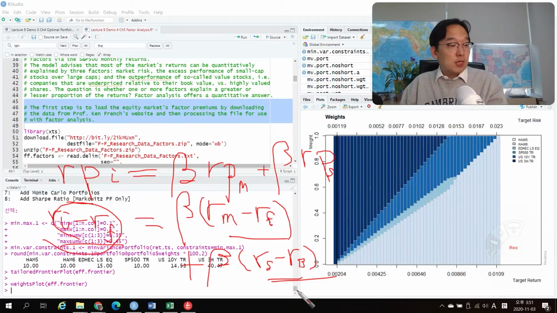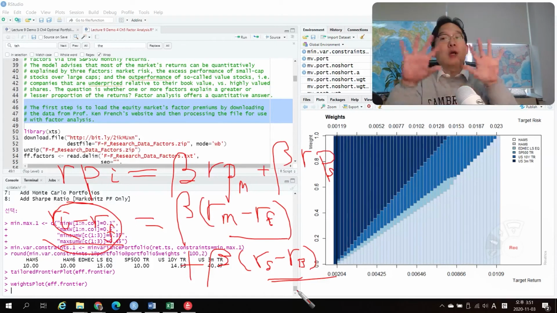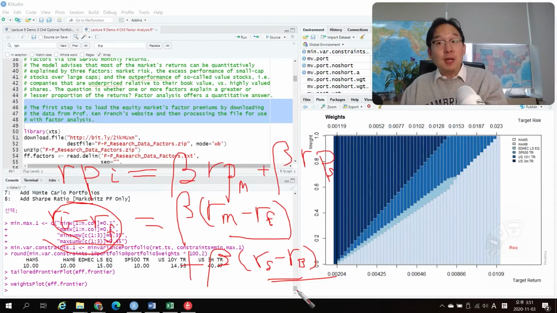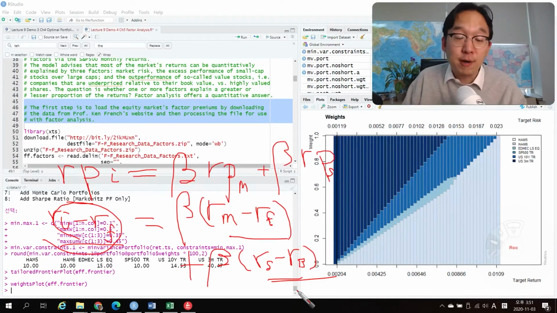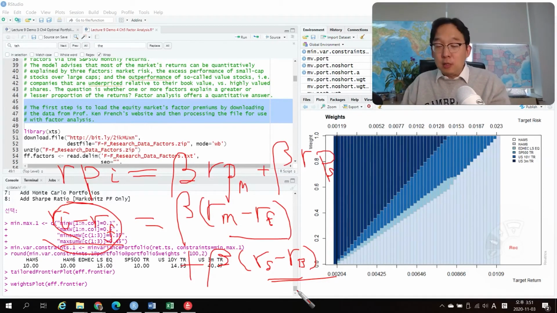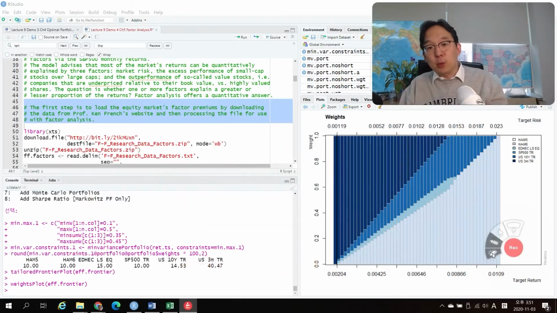For no arbitrage to hold, this long-short position will wipe off all the possible profit-taking opportunities. All those unexplained profit opportunities, or free lunches, will disappear as long as you take this long-short position and do the arbitrage. That's the concept of arbitrage pricing, displayed here in terms of a factor model. So that's the basic idea we are talking about.